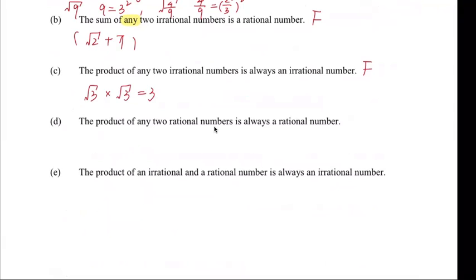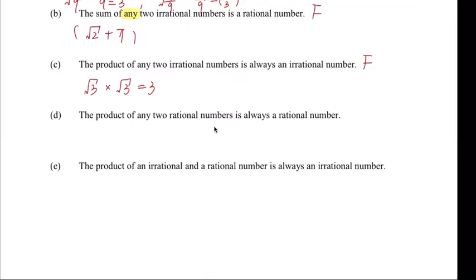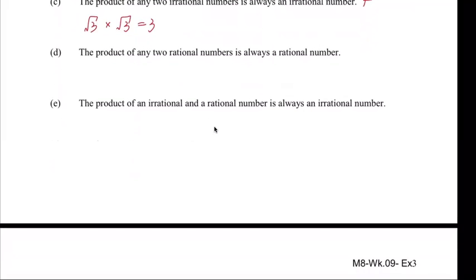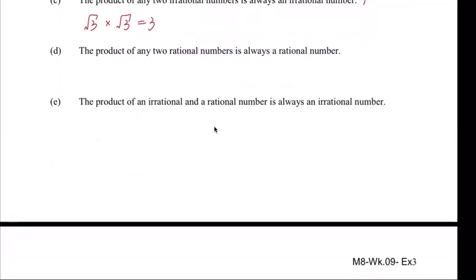D, the product of any rational numbers is always rational. This is true. Why? We know that we can write rational numbers as P over Q, where P and Q are integers and Q is not equal to 0.